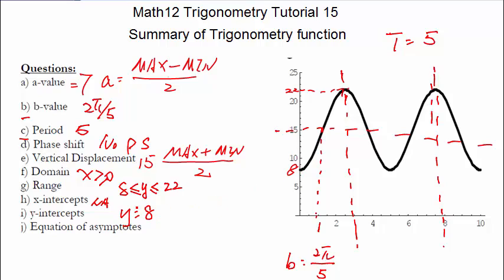Make sense? Now the equation of asymptotes. Is there one? An asymptote is where the function cannot touch. Since the domain is everything, the asymptote is not applicable. So that's finished. It is a pretty simple question.